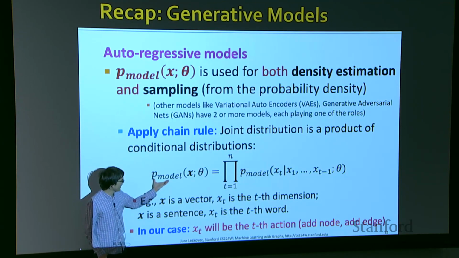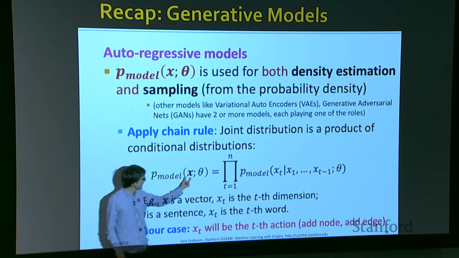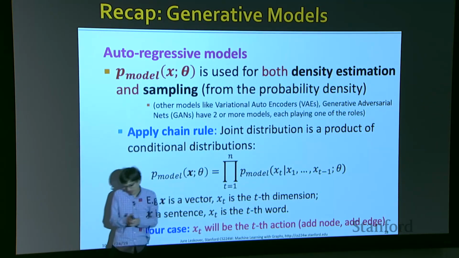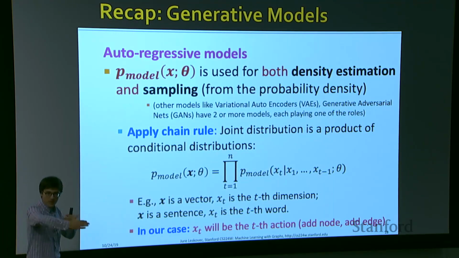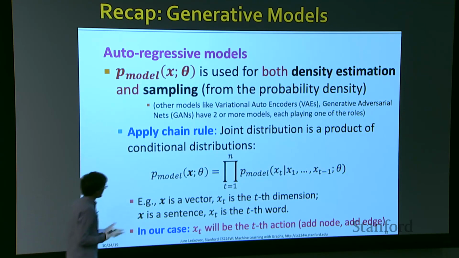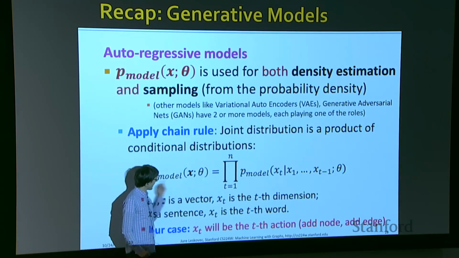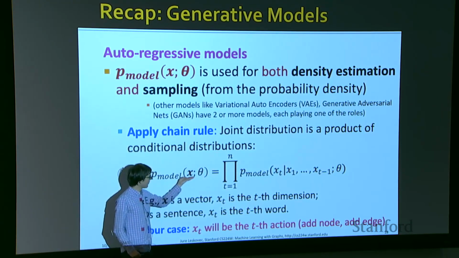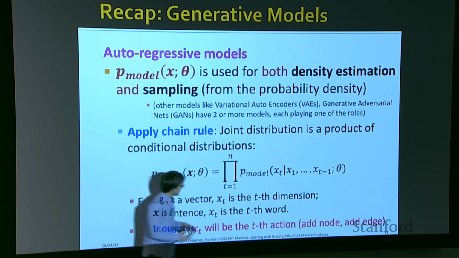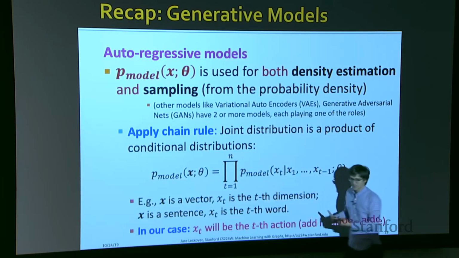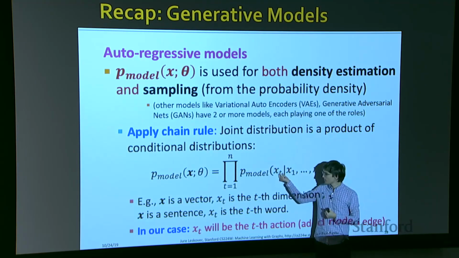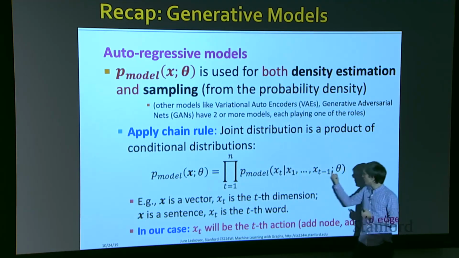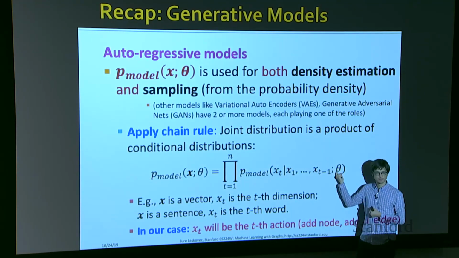So if I can take my complex object and separate it out into a sequence or a set of some operations, then without loss of generality, I can take my complex distribution over this complex object, and I can write it out as this set of conditionals, where I say, the action at time t depends on everything I have done so far.